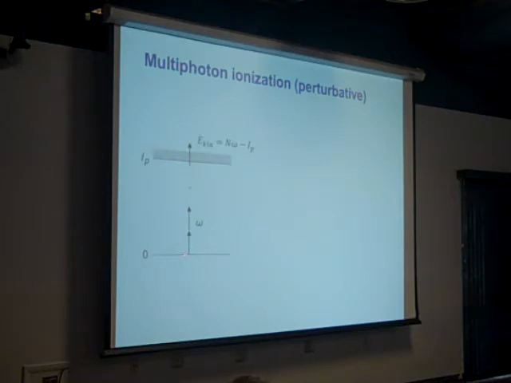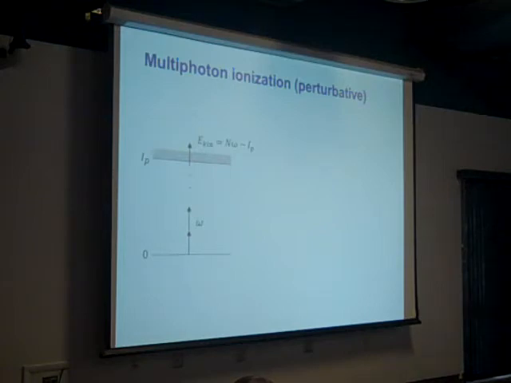So I can make a multi-photon absorption process here from the ground state with a laser into the continuum just by considering a relatively weak light field, a weak laser field, where the photons are absorbed step by step into the continuum. Now that is treating the whole thing with perturbation theory.